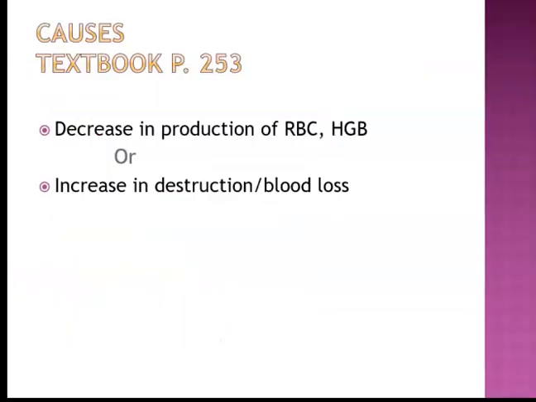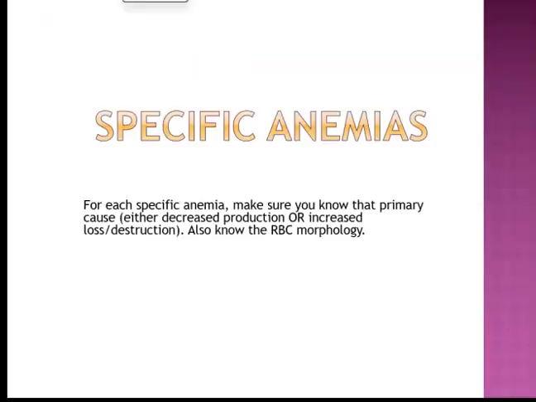The second category of anemias would, of course, be our causes, and our causes can be because of decreased production of red blood cells and hemoglobin, or an increase in destruction or loss of our red blood cells. Now we're going to get into some of the specific anemias.